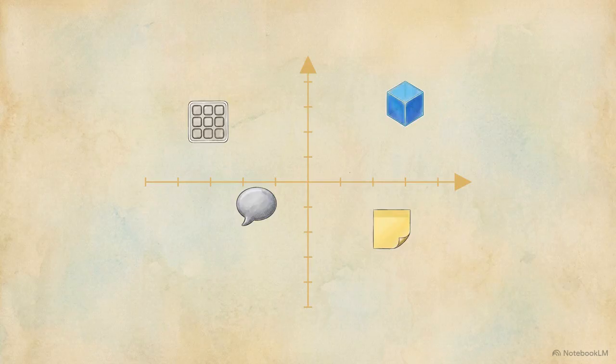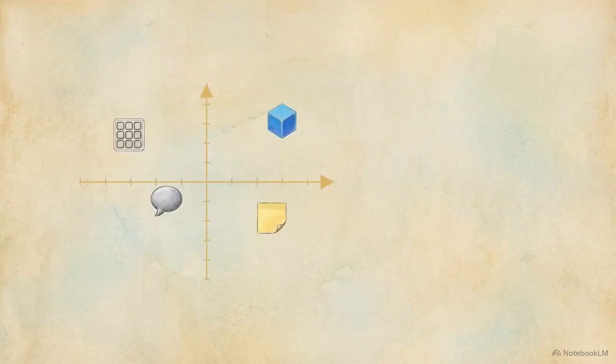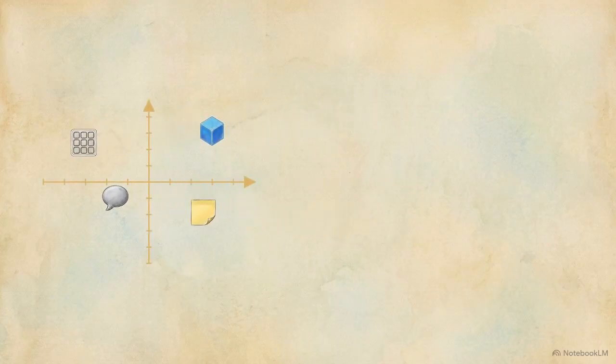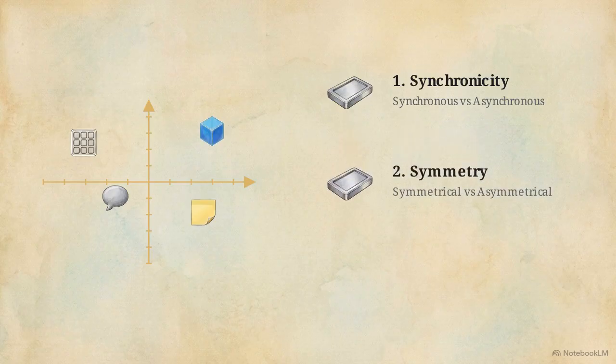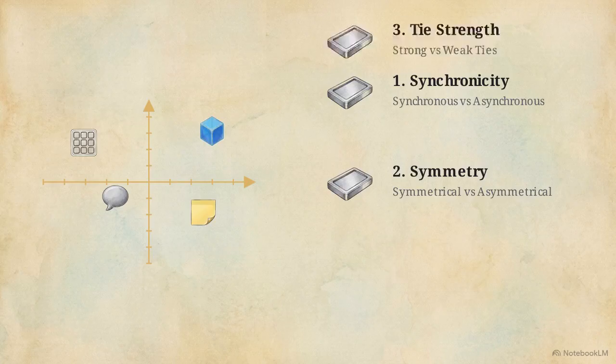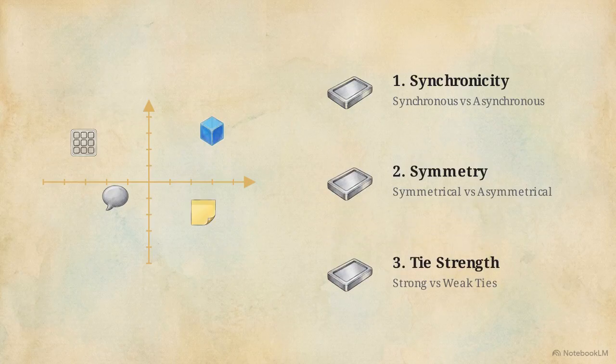To evaluate where any future social interface lands on this matrix, game designer Matt Ricchetti proposed 3 specific heuristics. First, does the system force synchronous interaction or asynchronous turns? Second, is relationship formation symmetrical, requiring input from both sides, or asymmetrical? And third, does the UI facilitate strong, deep relationship ties or weak, transitory engagements?